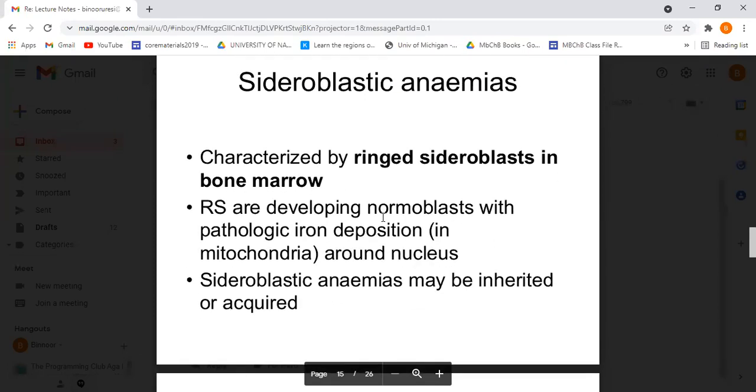So sideroblastic anemia, to quickly talk about it, is characterized by ringed sideroblasts in the bone marrow.